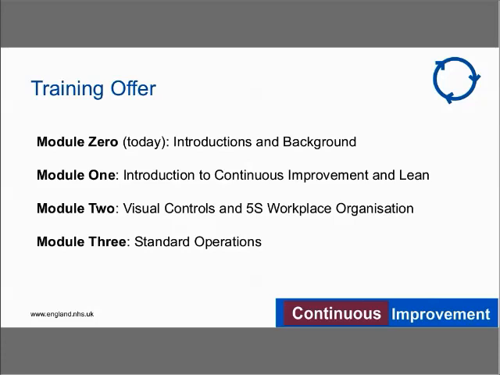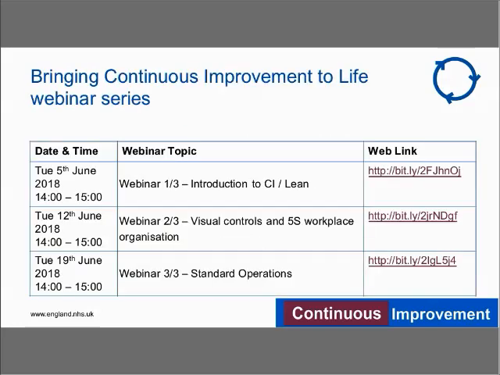We're going to be looking at Module 3 around standard operations. So we've got 3 webinars that are going to really walk you through with tools, techniques, approaches, and opportunity to have chat around all of this, and we hope you're going to find those incredibly useful. As Ian's already said, we kick off on the 5th of June with our introduction to CI and Lean.